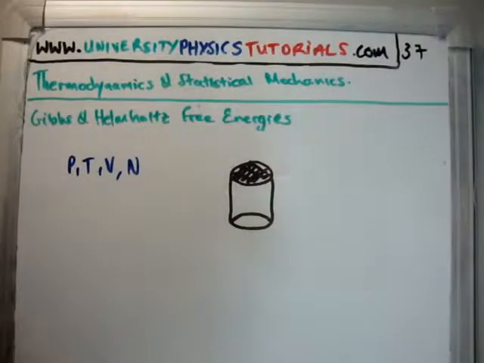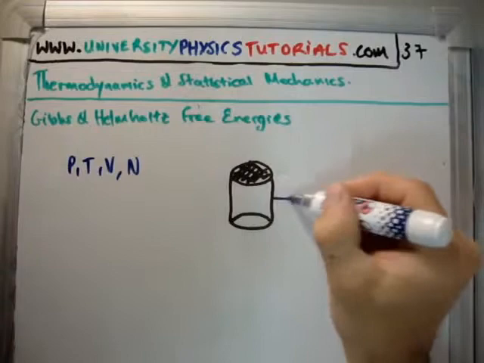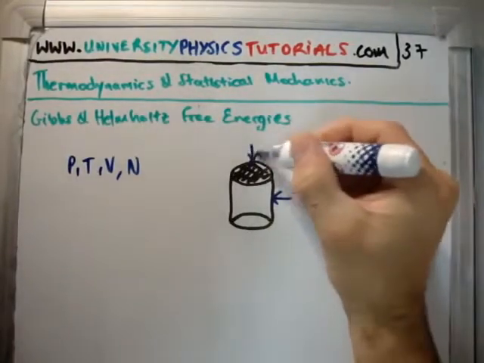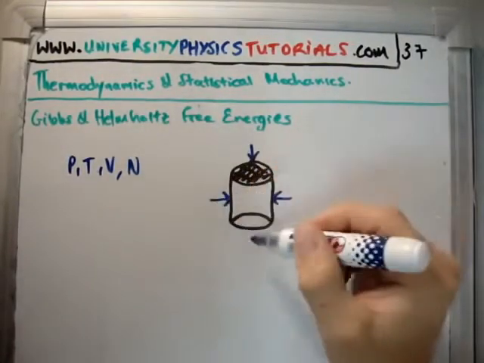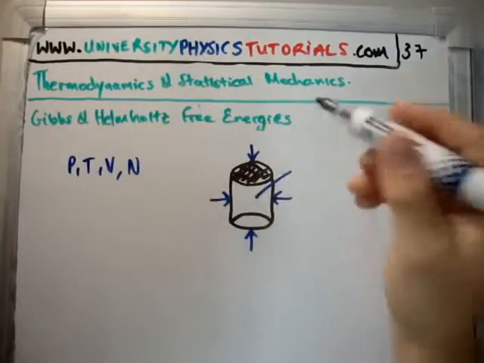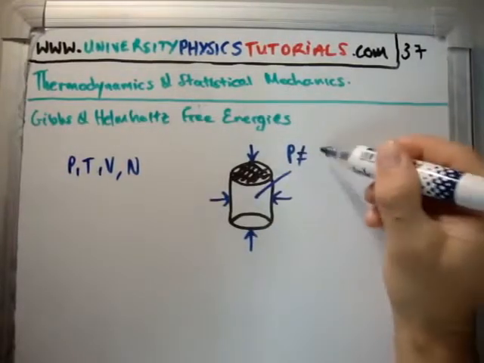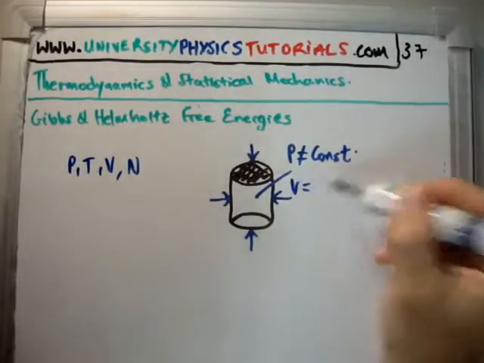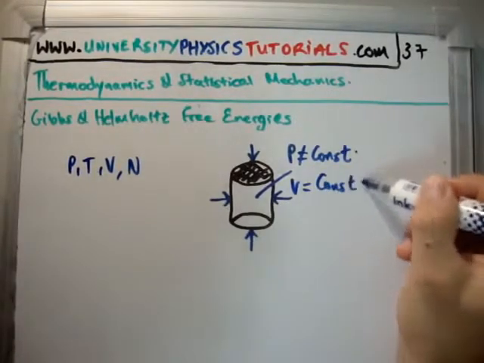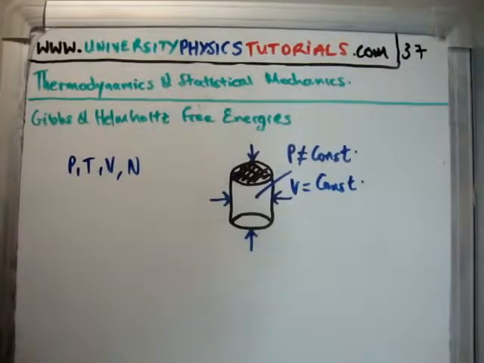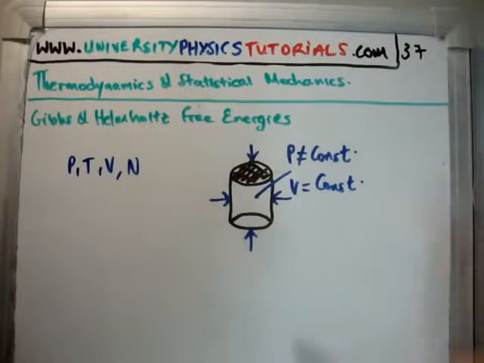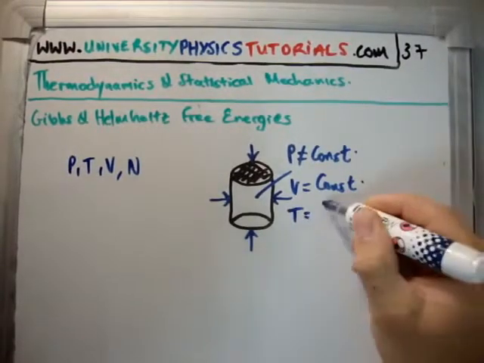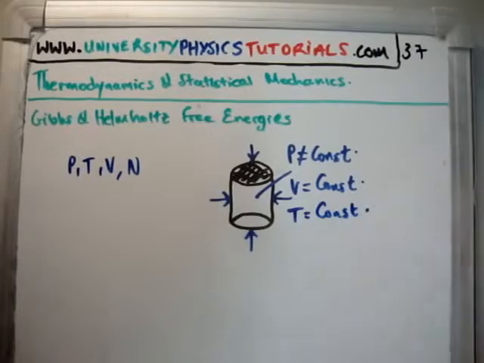Now, this time, while the pressure on the outside, namely atmospheric pressure inside our chemistry lab, is still the same, the pressure in here is not constant, and I'll explain why in a moment. But what is constant is the volume. Okay, let's say that the volume is constant. And as I said earlier on, usually we say the temperature is constant. Okay? And we'll talk about a situation in a moment where the temperature may not be constant.